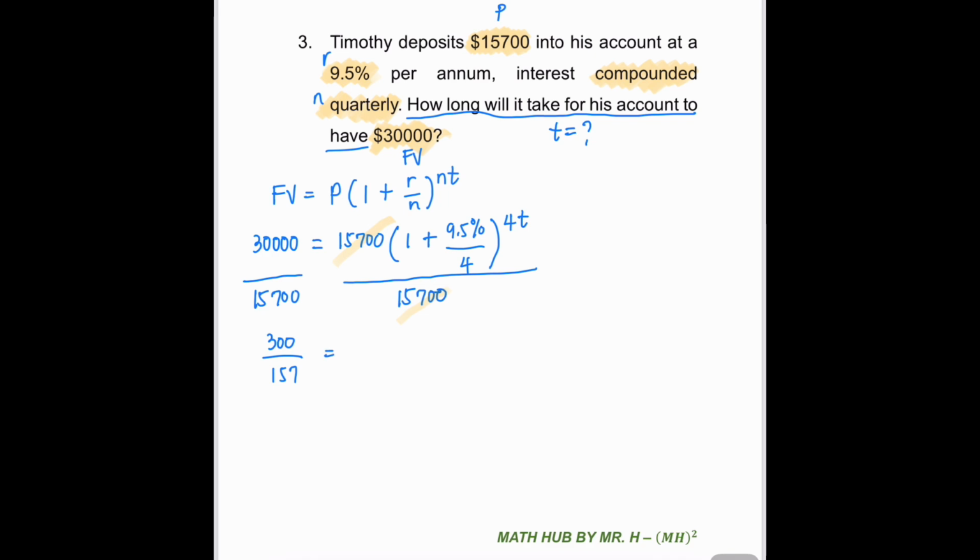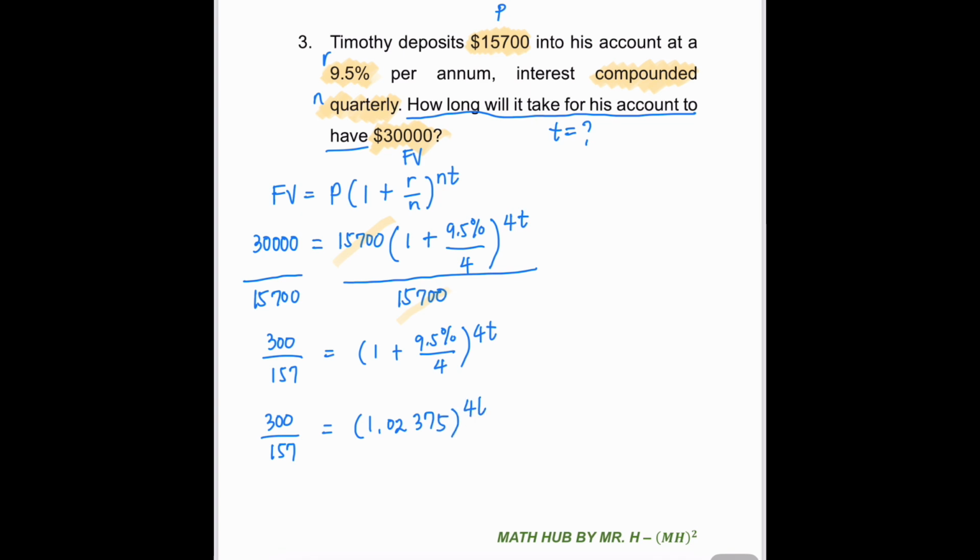And for the right-hand side, we are left with this whole thing, so we just simply copy that. We can simplify whatever is inside the parentheses, or the base. So it's going to give us 1.02375.